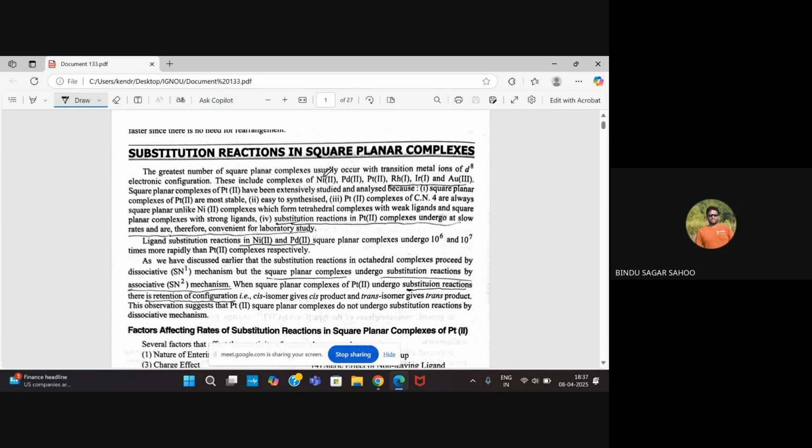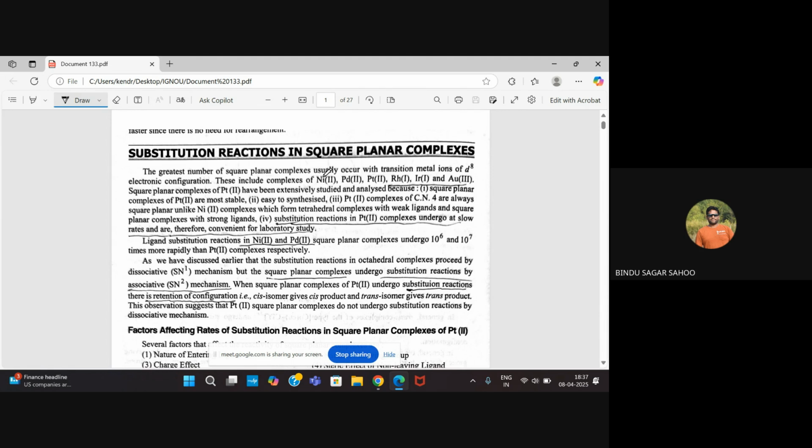And a square planar complex is energetically stable, that is, according to ligand field stabilization energy, a square planar geometry is stable. That means in square planar geometry, the ligands closely occupy their positions, and this closely occupied position is due to the higher binding nature of the metal with the ligand. In graduation also, you learned about the crystal field stabilization energy.